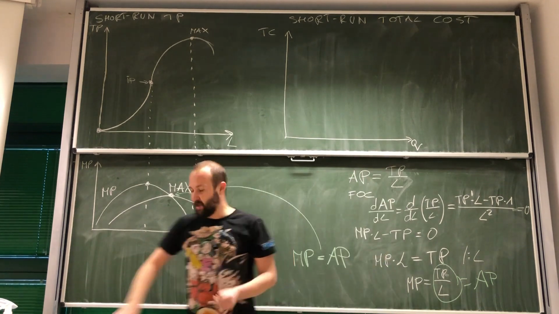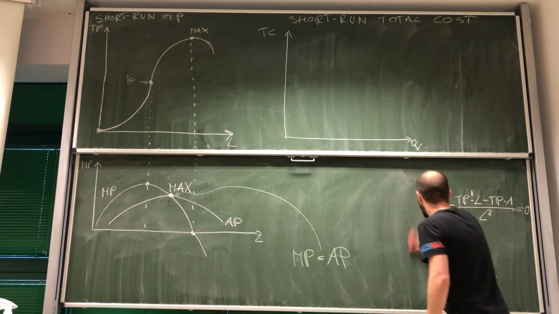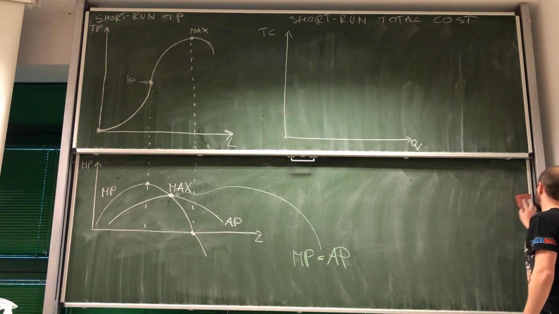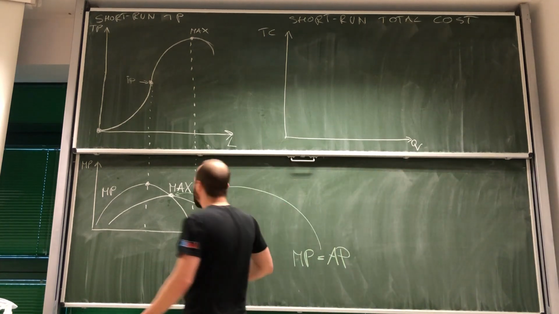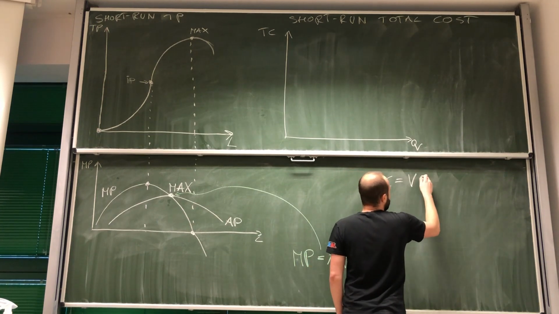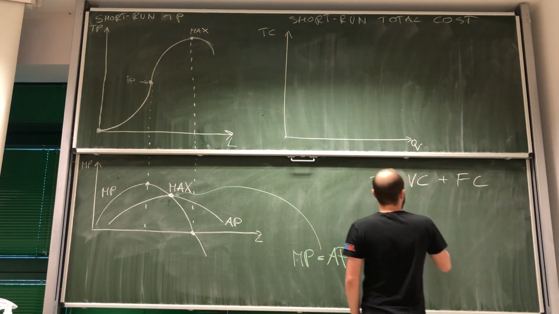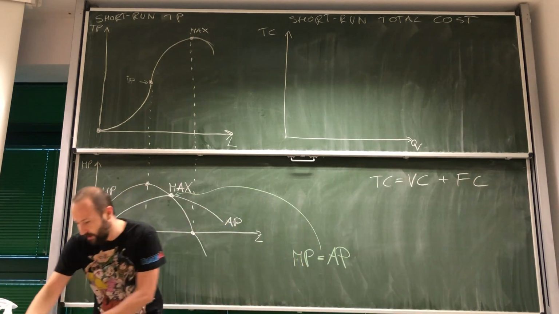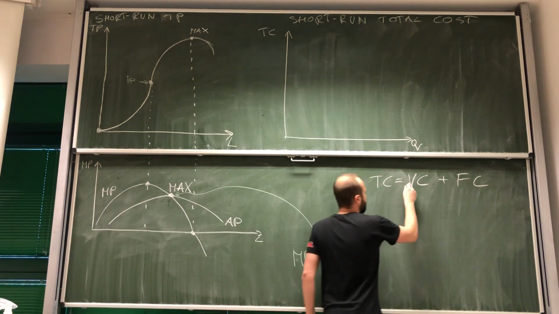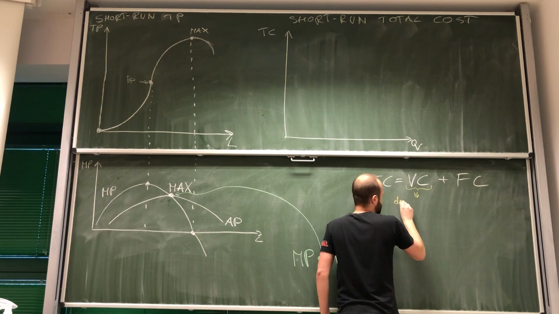Okay, first, total cost of the company, as you learned in your microeconomics class, can be divided into two parts: into variable cost and fixed cost. What is the difference? Well, variable cost depends on the level of production.